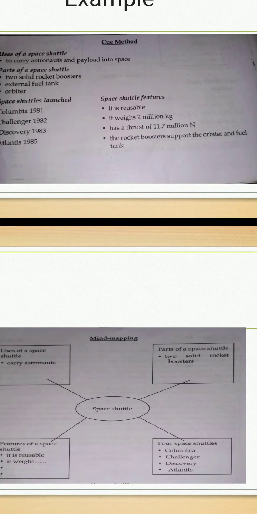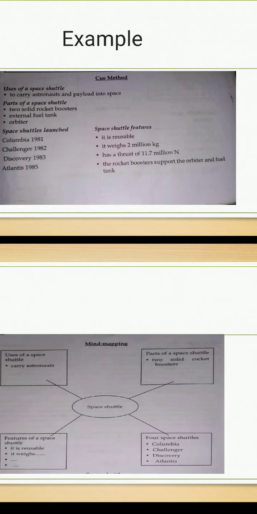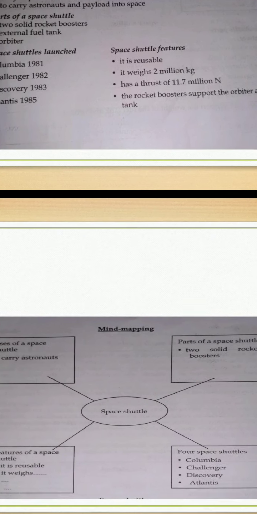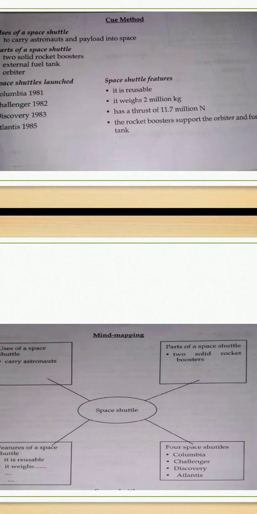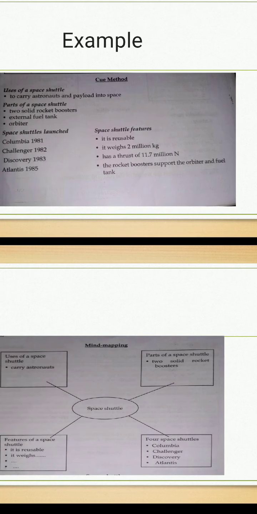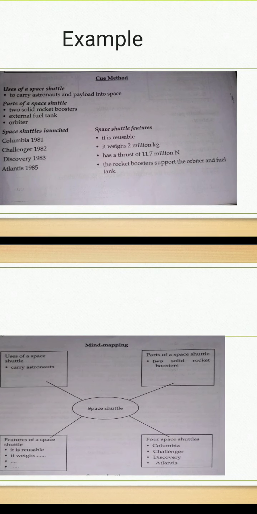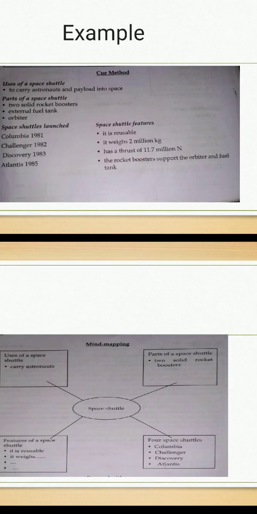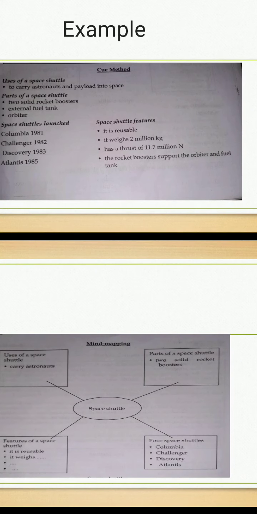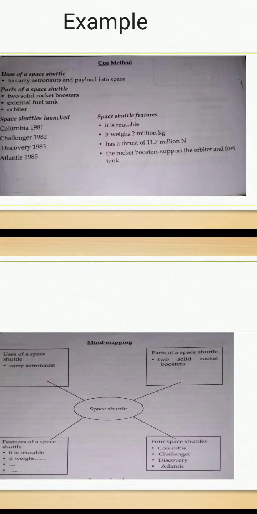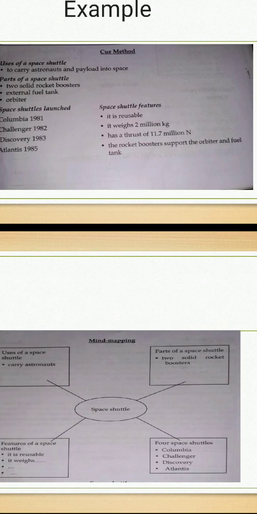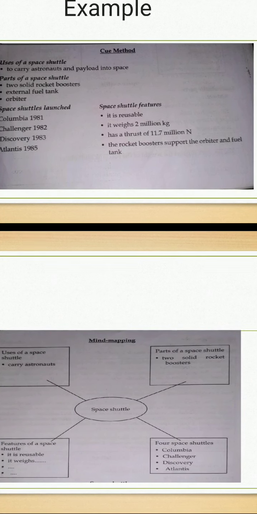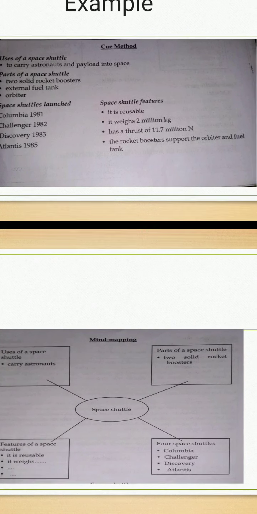Based on that, in slide number 8 a mind mapping diagram is given, based on the space shuttle. The stem is connected with four boxes: two boxes on the upper side and two downward.